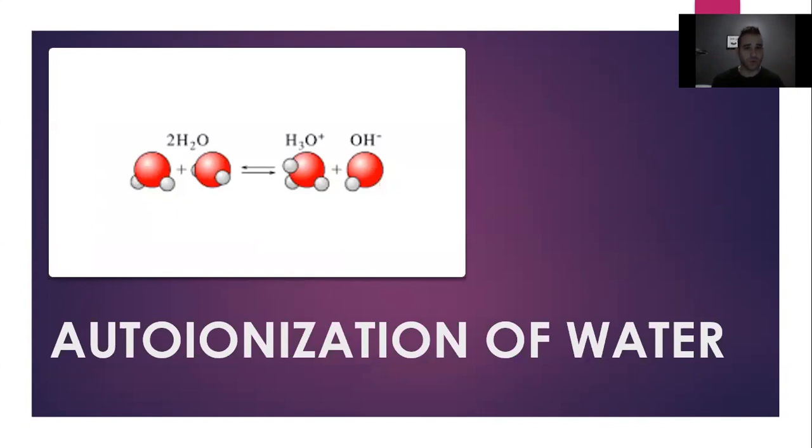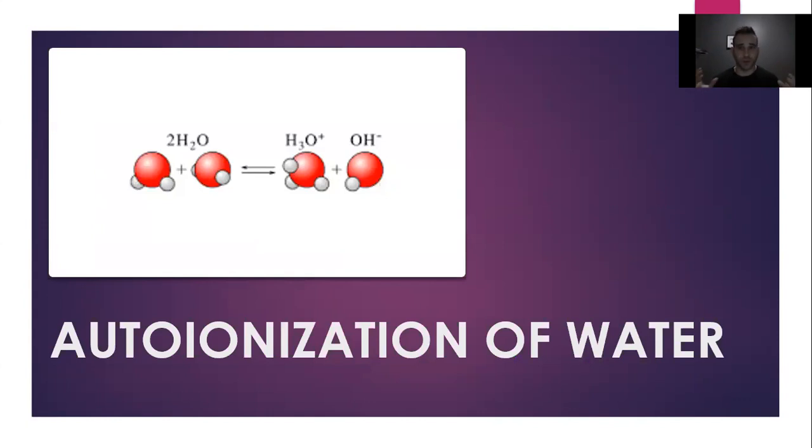Okay? We'll just look at that again. One of the water molecules has lost a hydrogen proton. The other water molecule accepted it. So the water molecule that accepts the hydrogen proton becomes a positively charged hydronium ion, and the water molecule that lost the hydrogen proton becomes a negatively charged hydroxide.